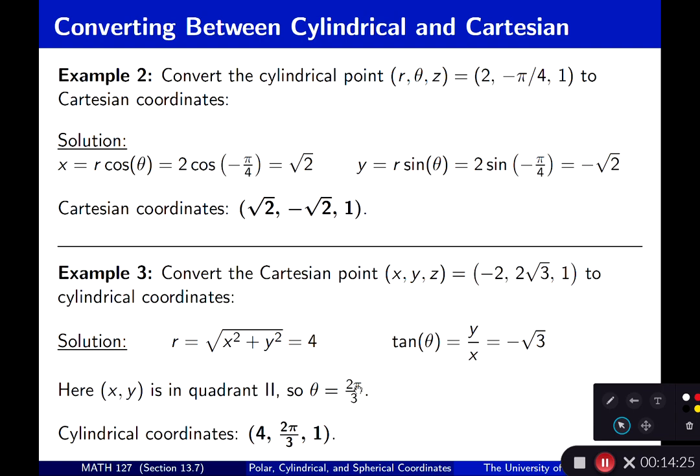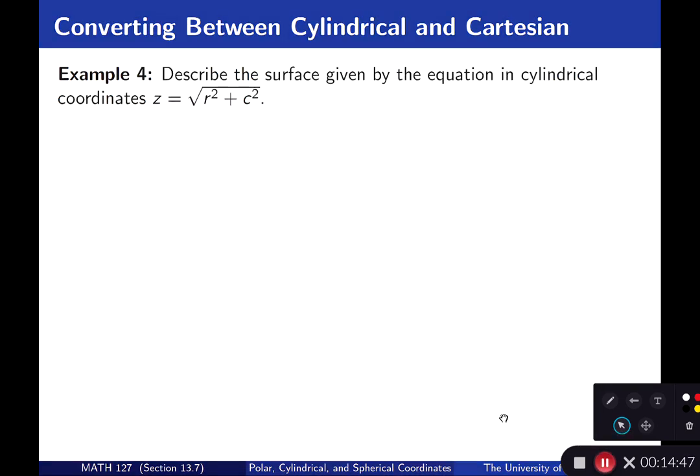So I have to add pi to get theta equal to 2 pi third for the angle. So 4, 2 pi third, and 1 is the cylindrical point.